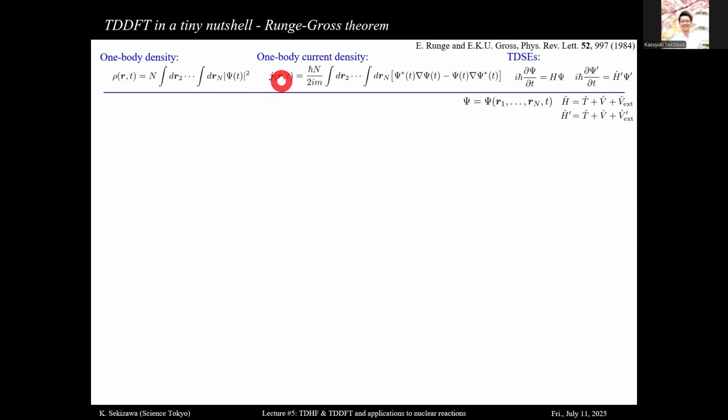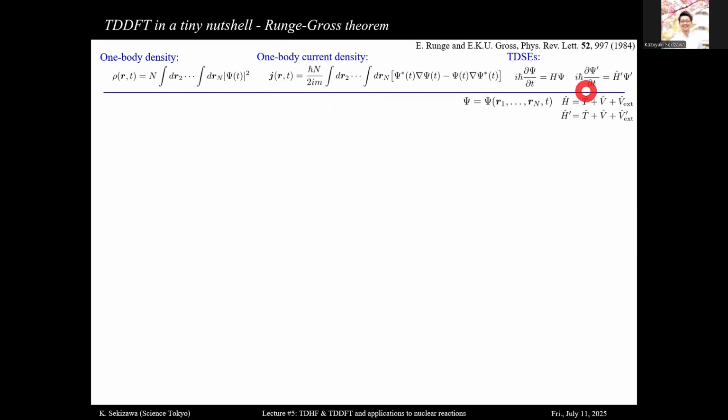And here I introduce the definition of one body current density. So this is the current. And we can define it in the usual way in quantum mechanics. So psi star nabla psi minus psi nabla psi star. Okay, so those are the definition of one body density and one body current density.